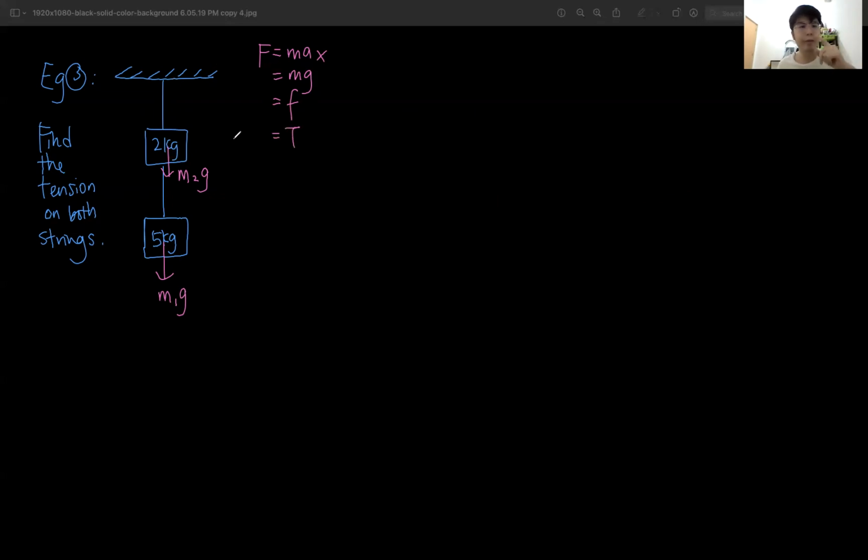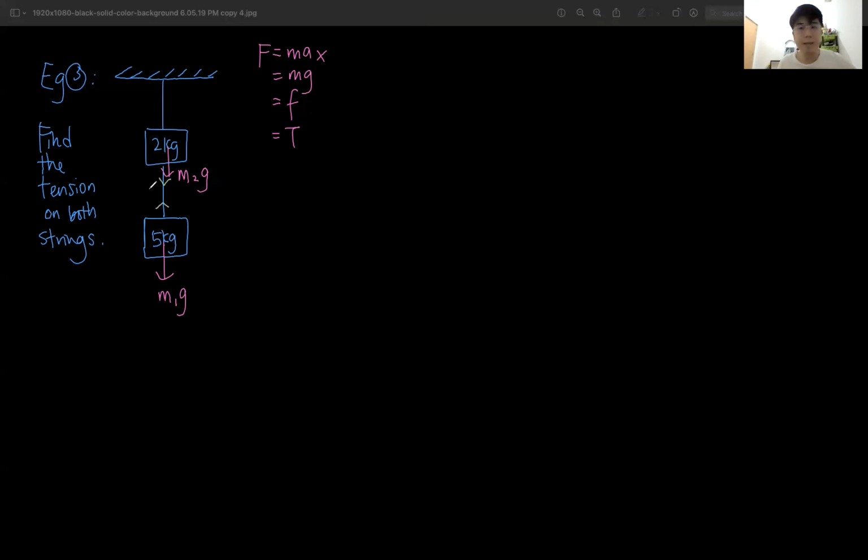How many strings we have? 2, right? One on top, one at the bottom. The way you label tension, you label inward. So we draw arrow inside and inside like this.